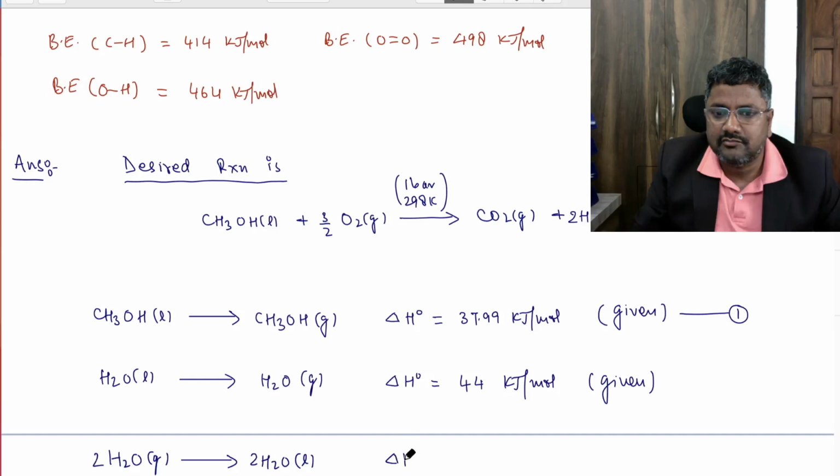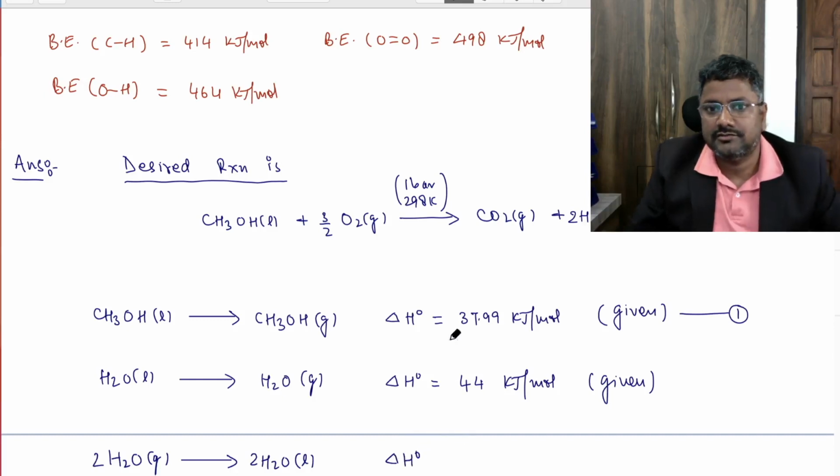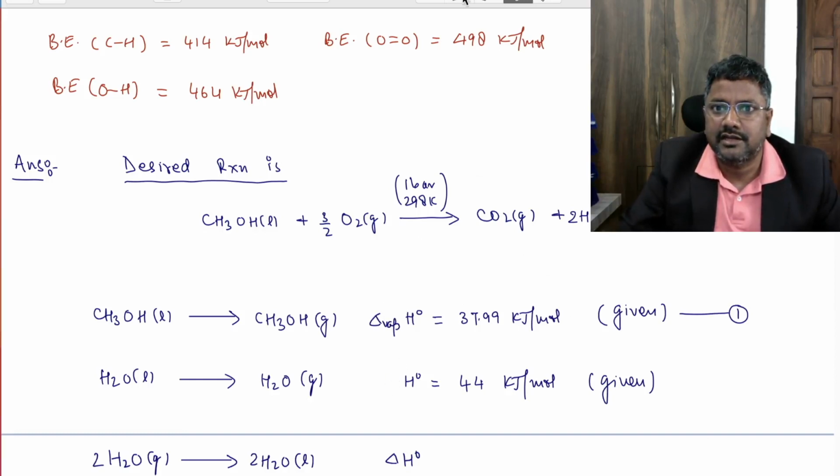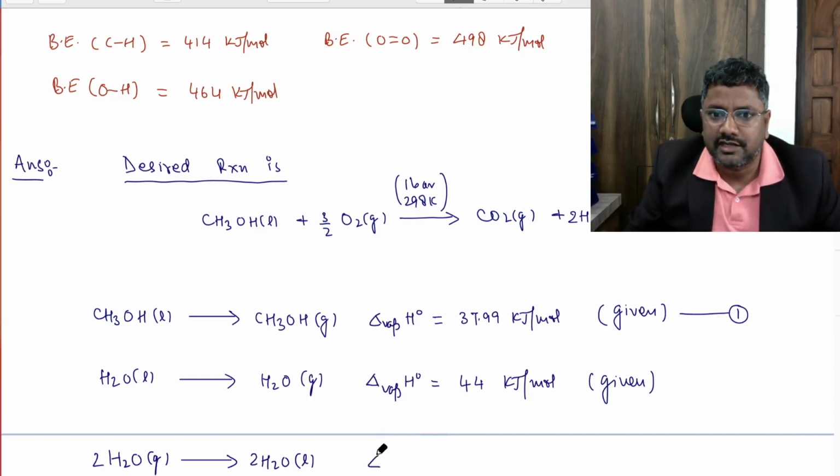Now this time delta H naught, this is vaporization for methyl alcohol, and this is delta H vaporization for water, and now this is not vaporization, this is delta H condensation.